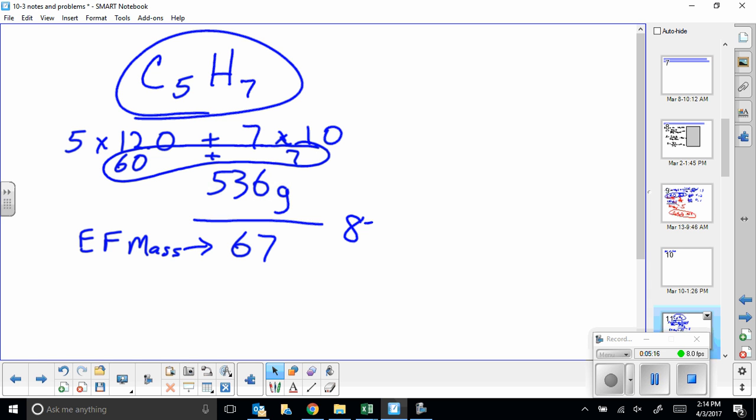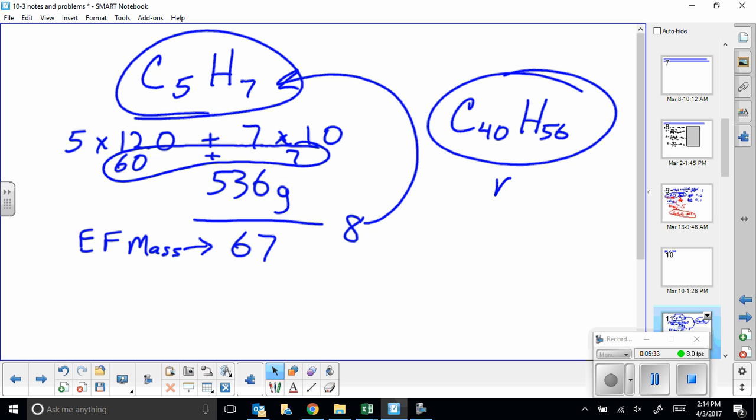So we're going to multiply all of this by 8. So instead of C5, it's 5 times 8, which is 40. C40, and instead of H7, we take 7 times 8, and we get 56. So this would be our molecular formula.